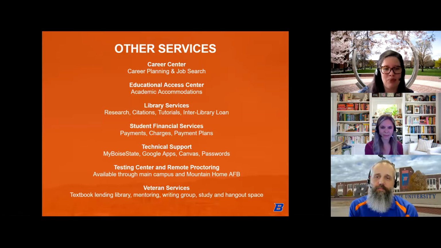If you're struggling with your My Boise State, your passwords, maybe Canvas is being weird, whatever you got going on there. We have testing centers, and some courses might use remote proctoring, just depending on what course you're in. And then lastly, the Veteran Services Center as well. Now for anyone using Veteran Services Center, they do have a textbook lending library as well. So I always encourage students to check that out.